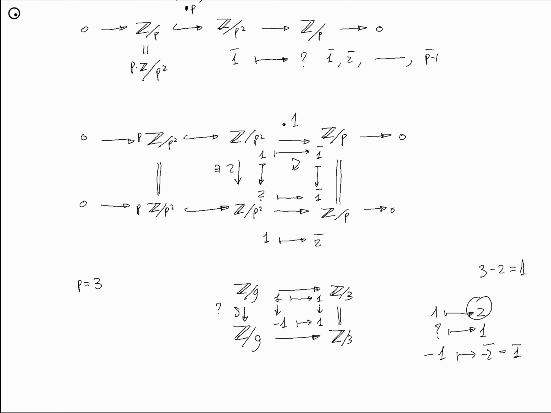I don't think here we have a problem. This is still a morphism, but look at here. So here you have 3Z mod 9, 3Z mod 9, and then identity. For example, 3 is mapped to 3, and 3 is mapped to minus 3, but here 3 should be mapped to 3 but not minus 3. This is not commutative.